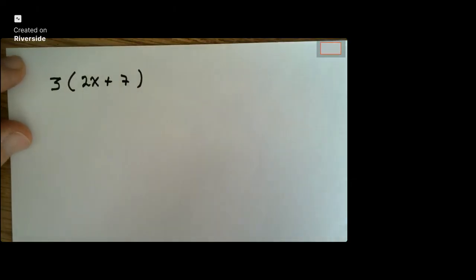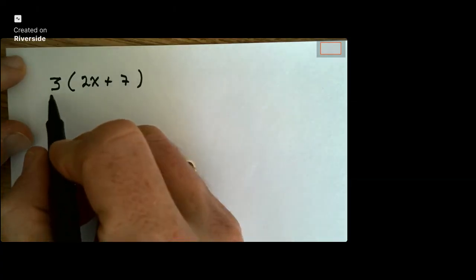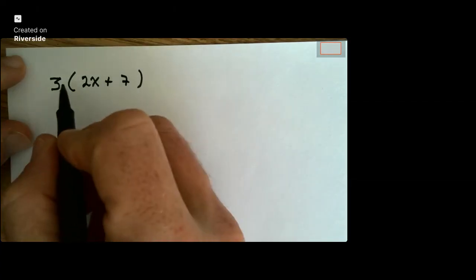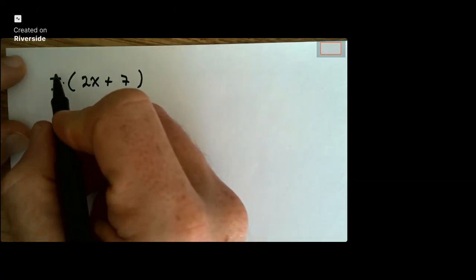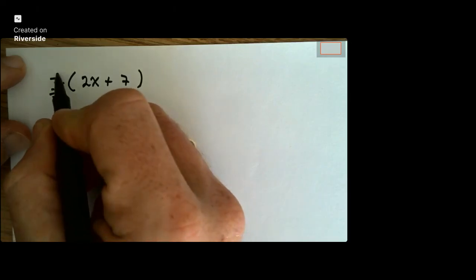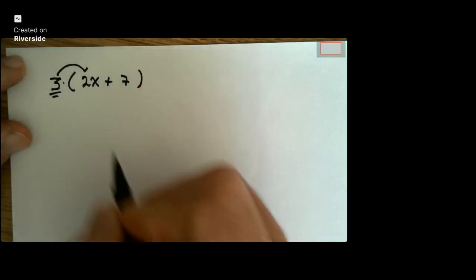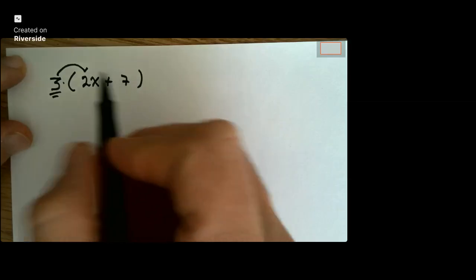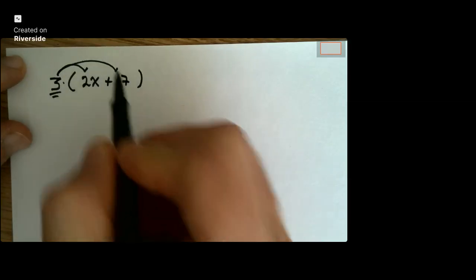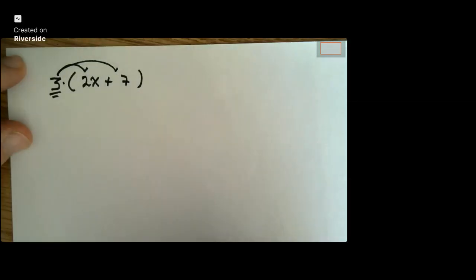If we're going to use distributive property on this, it's very simple. All it means is that you take what's outside of the quantity that's being multiplied, the 3 in this case, and you distribute it to every term inside of this quantity by multiplying.